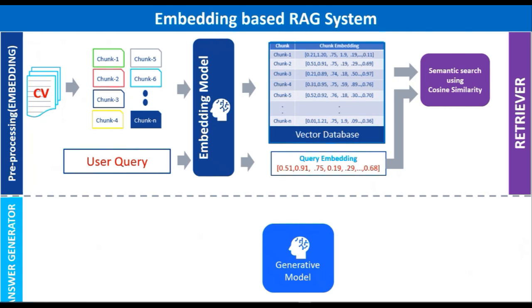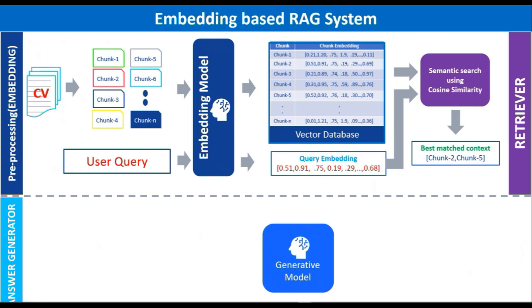The retriever part of the pipeline retrieves the best match chunks. In this case, say chunk 2 and chunk 5 are the best match chunks for this user query. So these chunks are returned by the retriever.